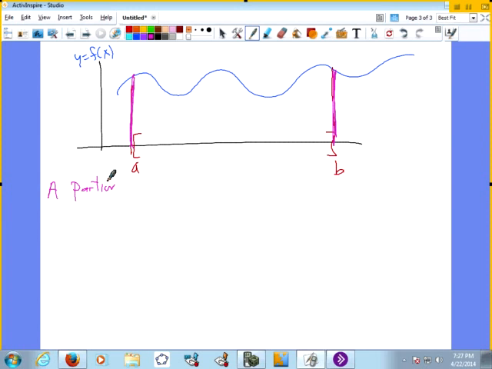A partition is a list of numbers that look like this.